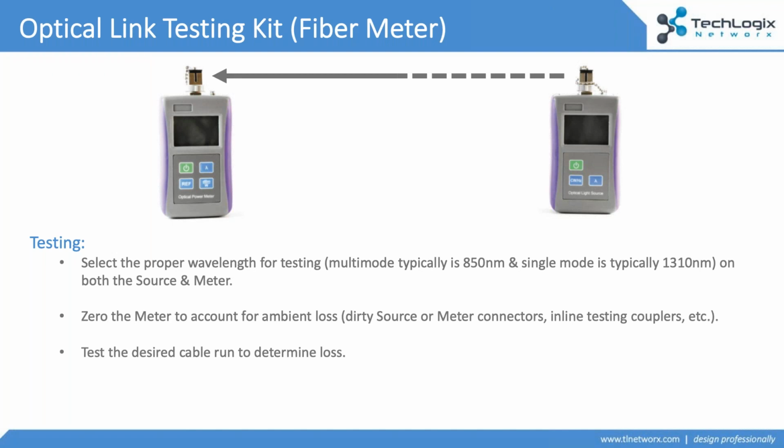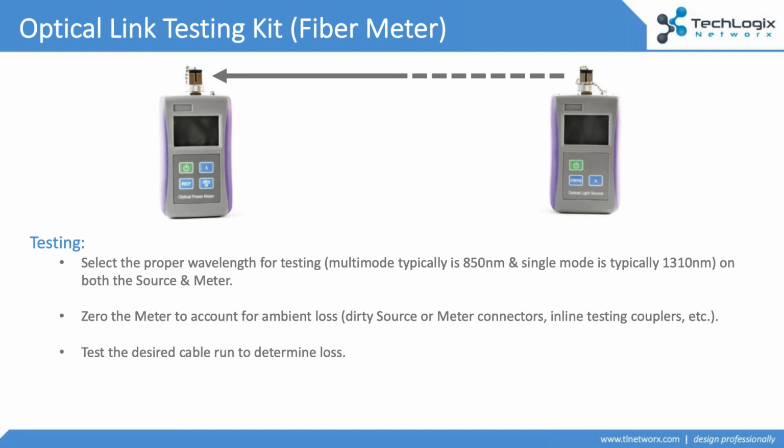Some kits, you get two different meters, one for single mode, one for multimode. It all depends on what you're looking at. But the punchline is a multimode cable usually works at about 850 nanometers, whereas a single mode cable is usually looking at 1310 nanometers. And then the meter at the other end of the cable is reading this. It's reading the wavelengths. It's looking at how much loss you have.